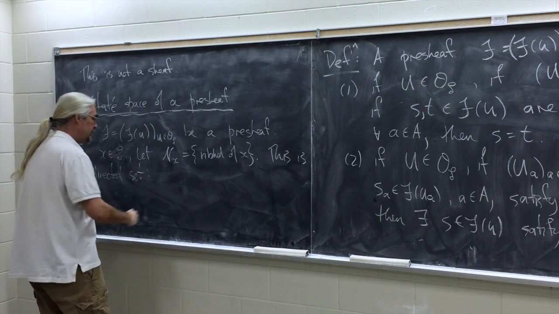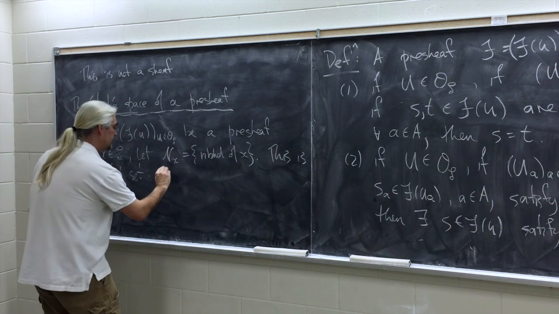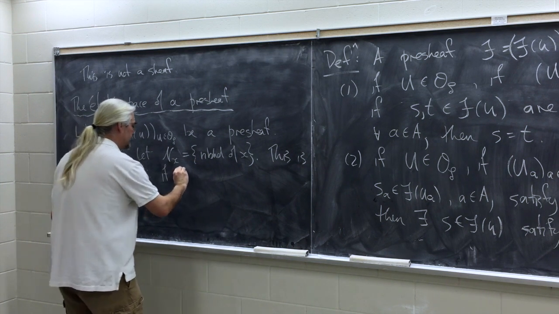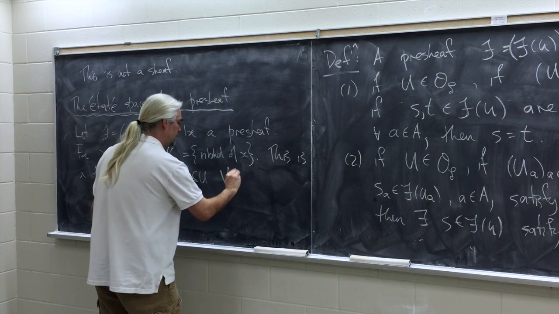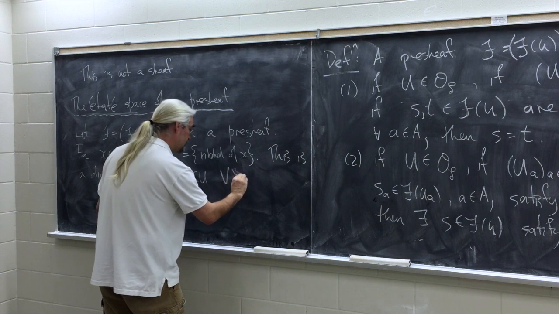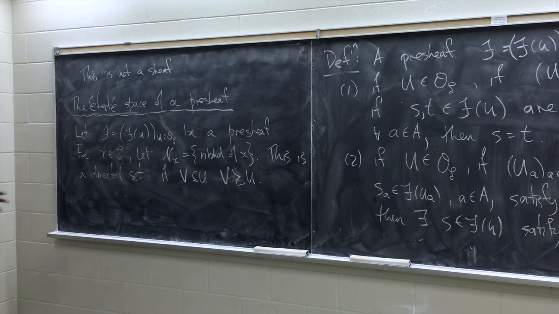Okay, and the order is, of course, larger means smaller. So if V is contained in U, then V is larger than U. So larger means you're kind of funneling down to X.